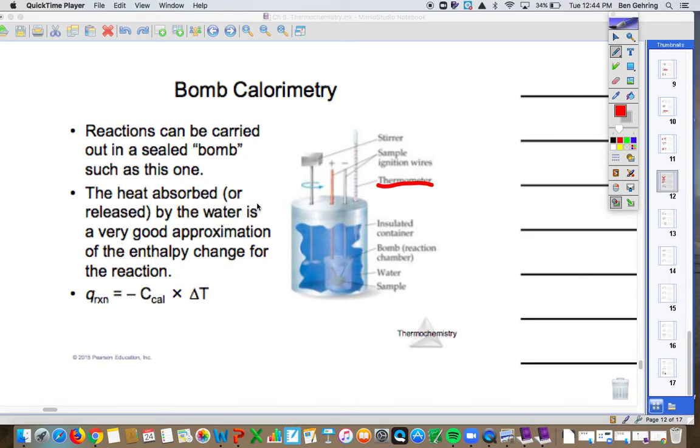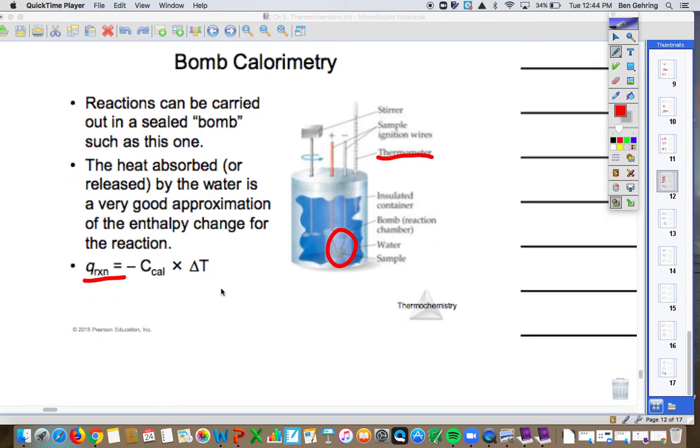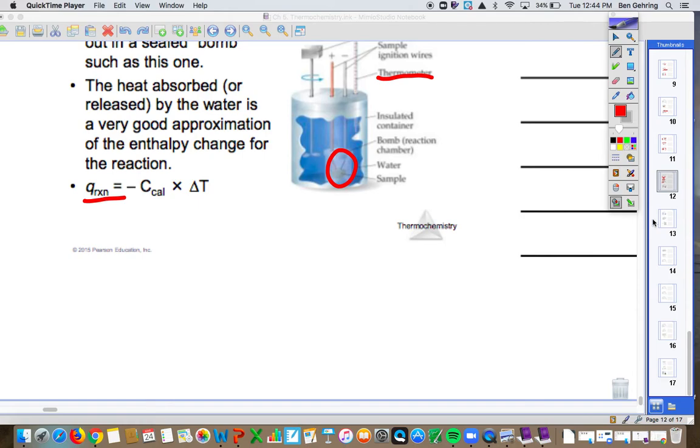The heat absorbed or released by the water gives us the energy change of the reaction taking place here. So Q of the reaction is equal to negative C calories times your change in temperature. That's what we're looking for, our change in energy. We'll do some practice with this.